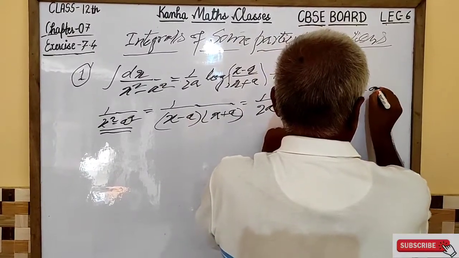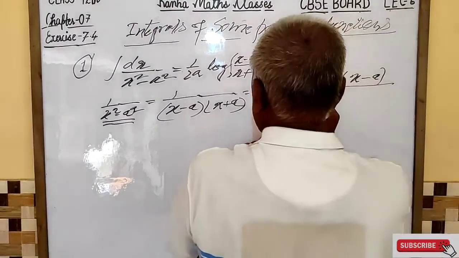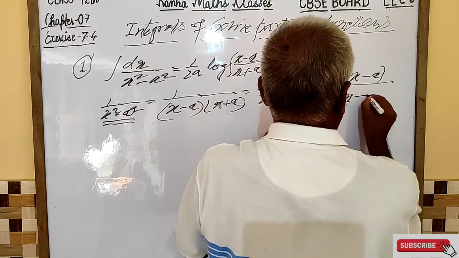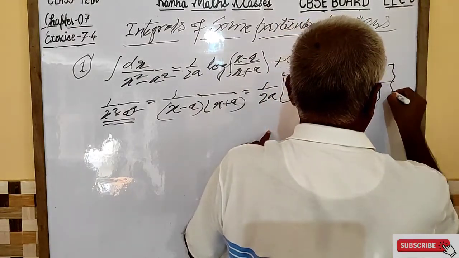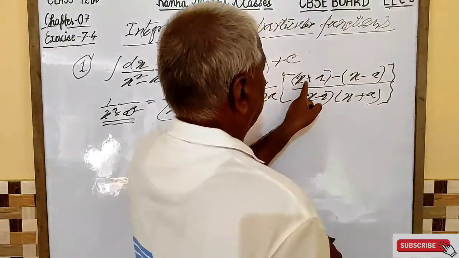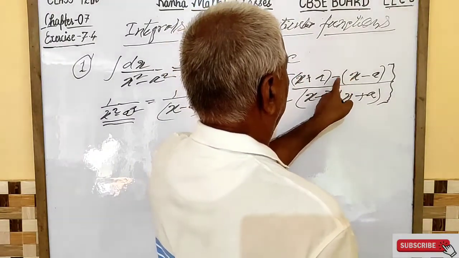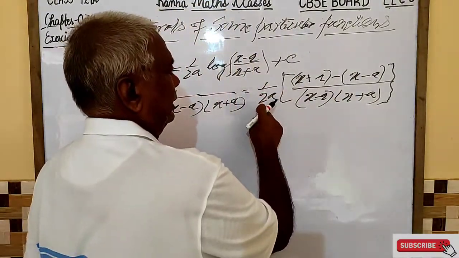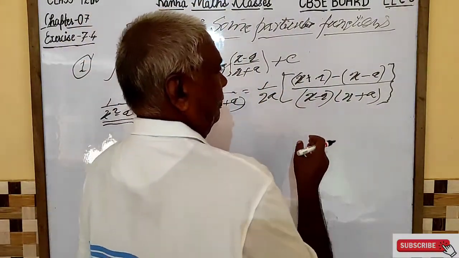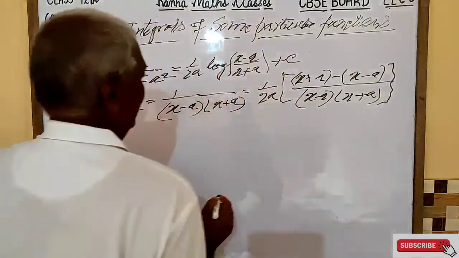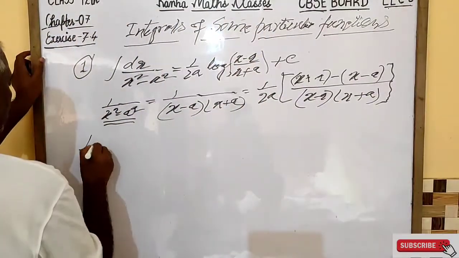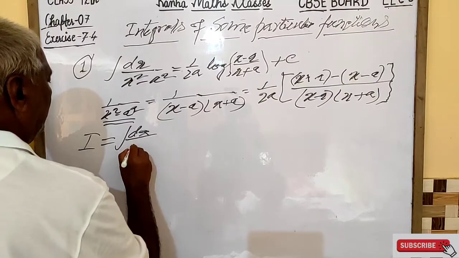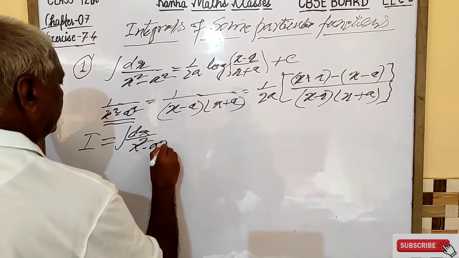Here we see x minus a, x plus a. X plus a minus x will be cut by this, and minus a plus a will be equal to 2a, cut off by 2a. The simplest form of partial fraction.